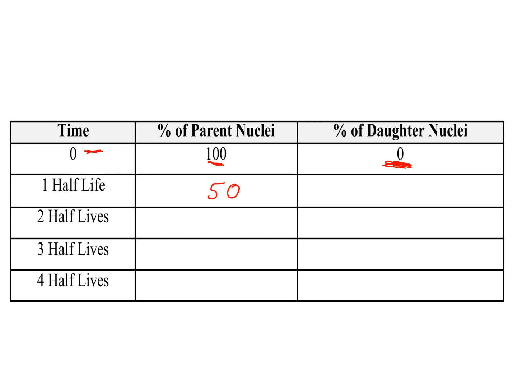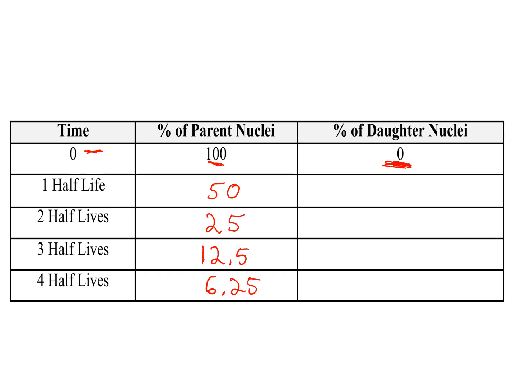After two half-lives, you're down to 25%, half of the previous amount. And then after three half-lives, we go half of the previous amount again. So half of 25 is 12.5. After four half-lives, again, it's half of the previous amount. So half of 12.5 is 6.25.